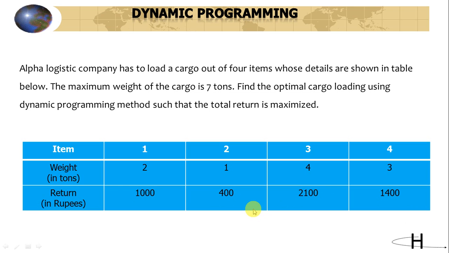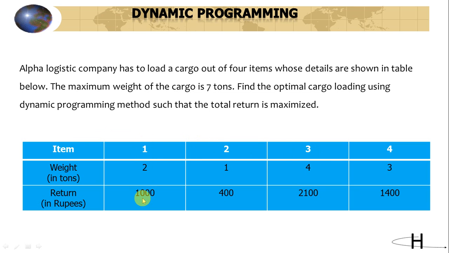Now, whenever there is the problems of cargo loading, these problems are divided into number of stages with respect to the items. So in the stagecoach problem, each item is treated as a stage starting from stage 1 to stage 4.